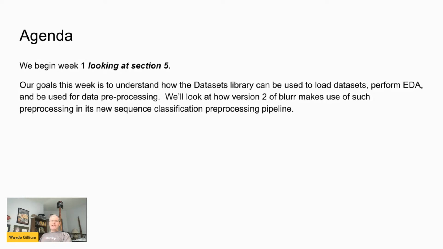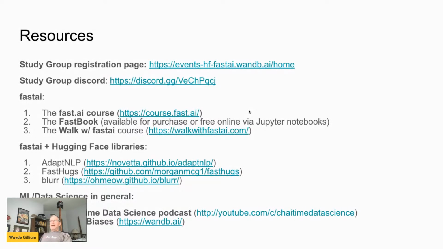I'm also in the process of updating Blur based on some of the things I've learned in the part two sessions, so we'll look at some of those changes, in particular some of the pre-processing bits I'm adding to the sequence classification pre-processing pipeline. We'll use datasets to download a model, do some pre-processing, prepare it, and then actually train a sequence classification model. So that's the goal for today.